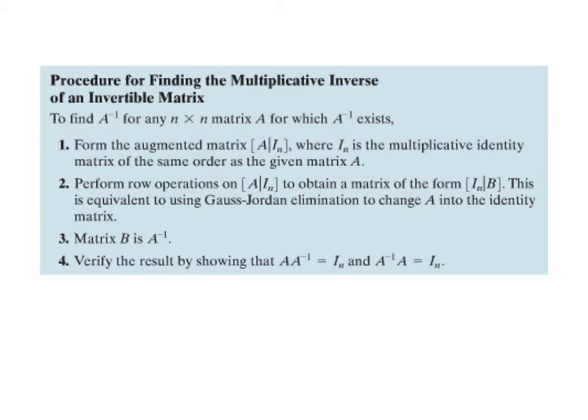So, when we form the augmented matrix, we then want to perform row operations on the entire augmented matrix to transform the matrices into IN conjoined with a matrix B. Okay, so when we perform those row operations and get matrix B, that matrix is A inverse.